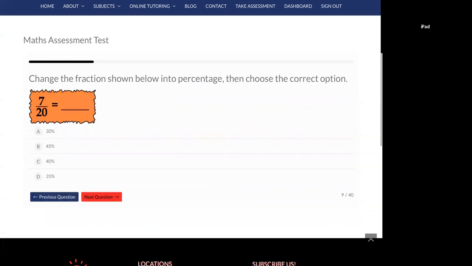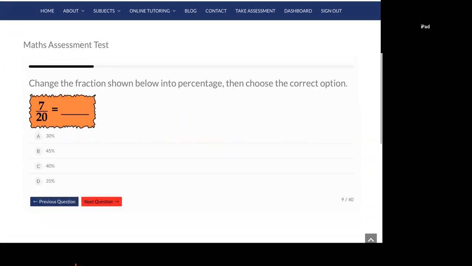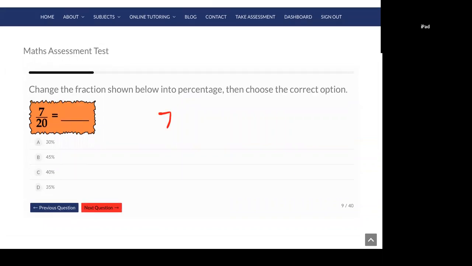Again, the same thing, 7 over 20. How many times can 20 divide into 100? 20 times 5 is 100. Just do bus stop division to help you, or long division, either way is fine.